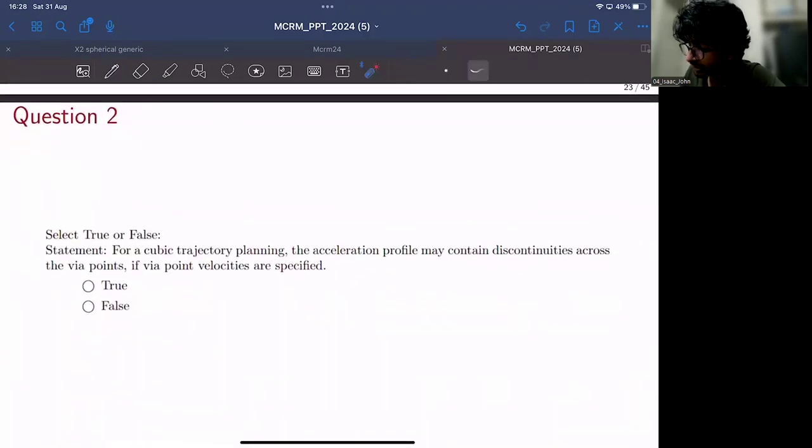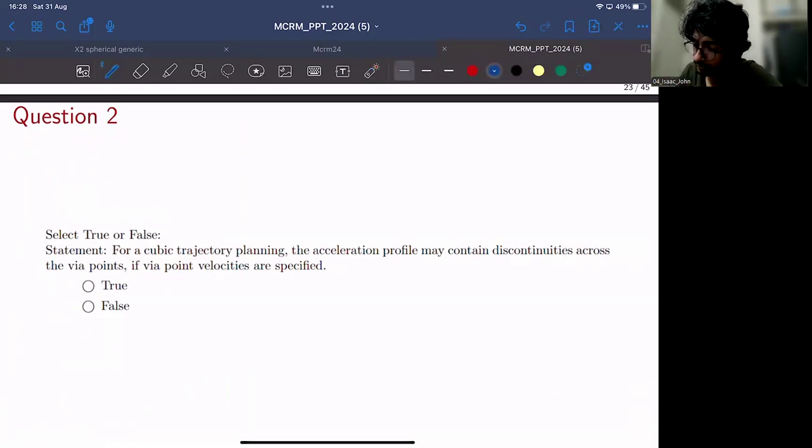Moving on to the second question. For cubic trajectory planning, the acceleration profile may contain discontinuities across the via points if the via point velocities are specified. Is that correct or is that not correct? So if you try to force some velocities at the via points other than their naturally occurring velocities, would there be a chance of discontinuities?